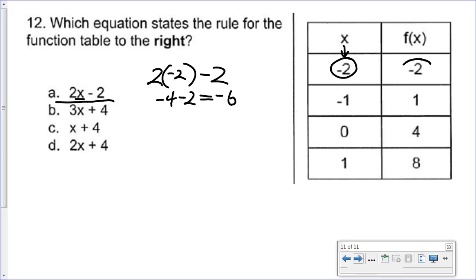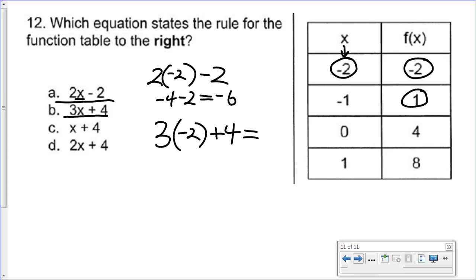So using this one, we got -6. We did not get -2. So that one appears like it does not work. We go on to substitute in values. I'll get you started on this next one. We would substitute in -2 plus 4, and if that equaled this -2, then we would be on to something.